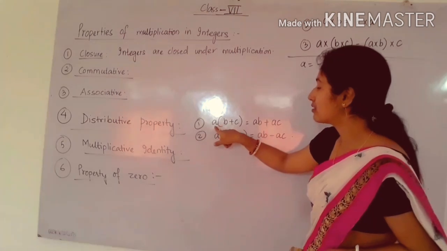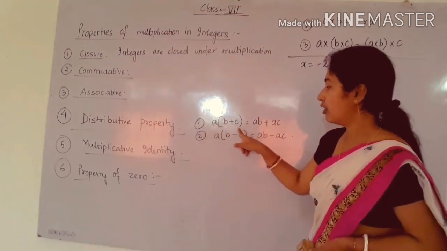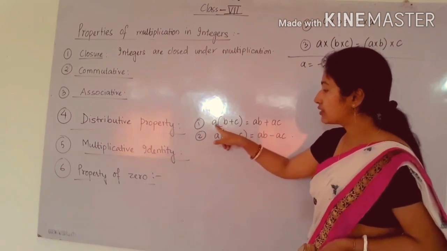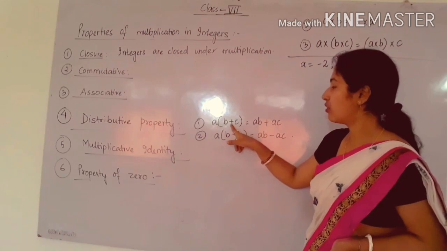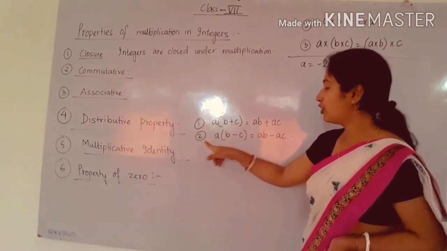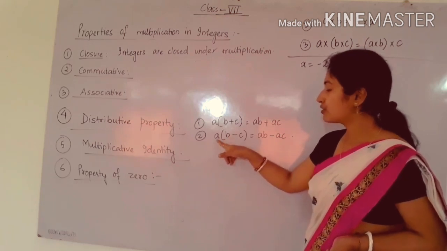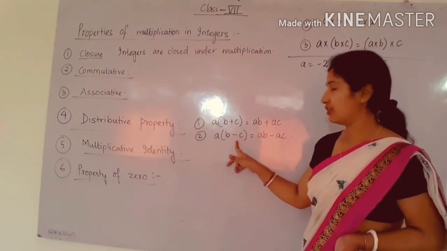Here A is distributing. In number 1, A is distributing over B and C. So number 1 is called distributive property of multiplication over addition, because here it is written with the plus symbol. In number 2, what will we say? Distributive property of multiplication over subtraction.